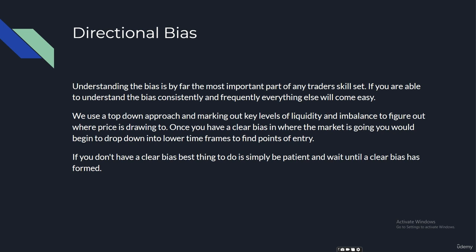Once you have a clear bias in where the market is going, you begin to drop into the lower time frames to find your point of entry. If you don't have a clear bias, it doesn't mean you just keep dropping to lower time frames until you see something. You simply be patient and wait until a clear bias has formed.